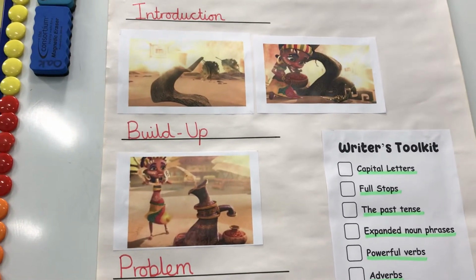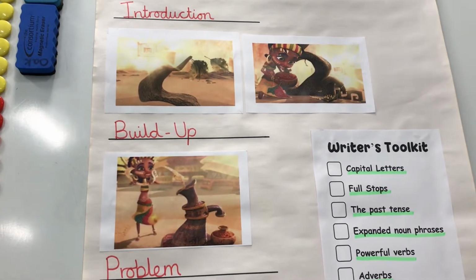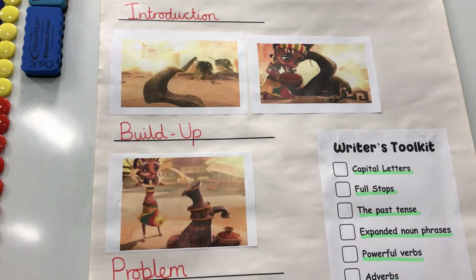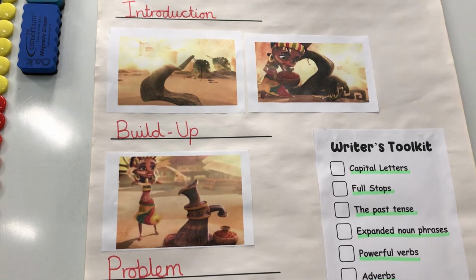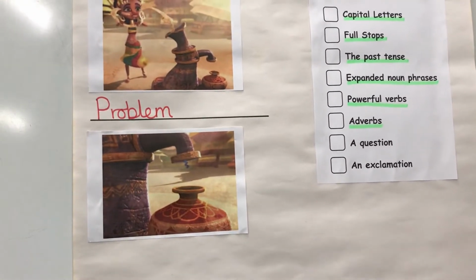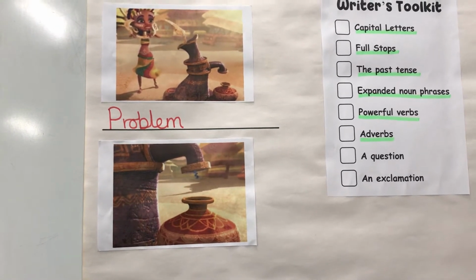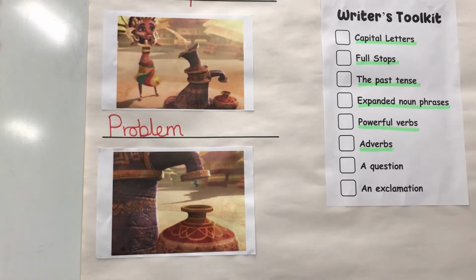After the introduction comes the build-up, so how the story builds up towards a problem. And in Zara, the build-up is the endless journeys that Zara takes to and from the water pump, trying to get the water to the tree and keep it alive. The problem comes when the pump runs out of water and there's only a tiny drop left that she quickly gathers and takes up to the tree, but will it be enough to save it?